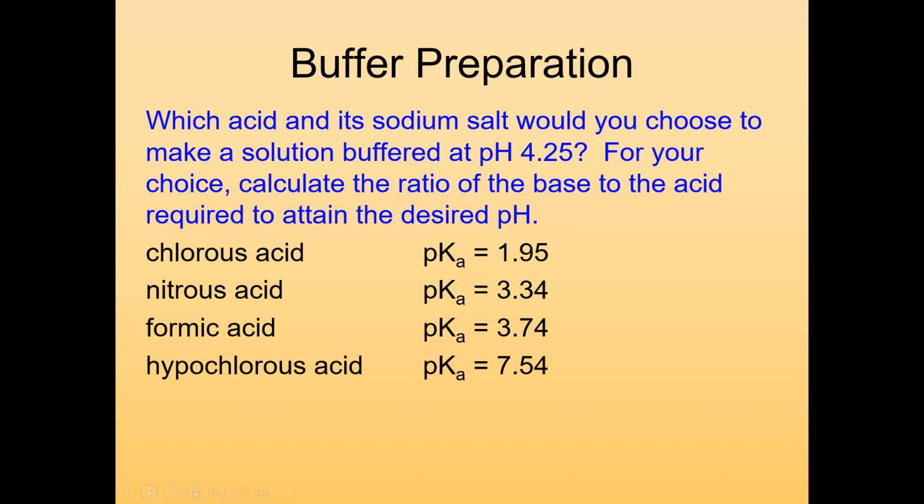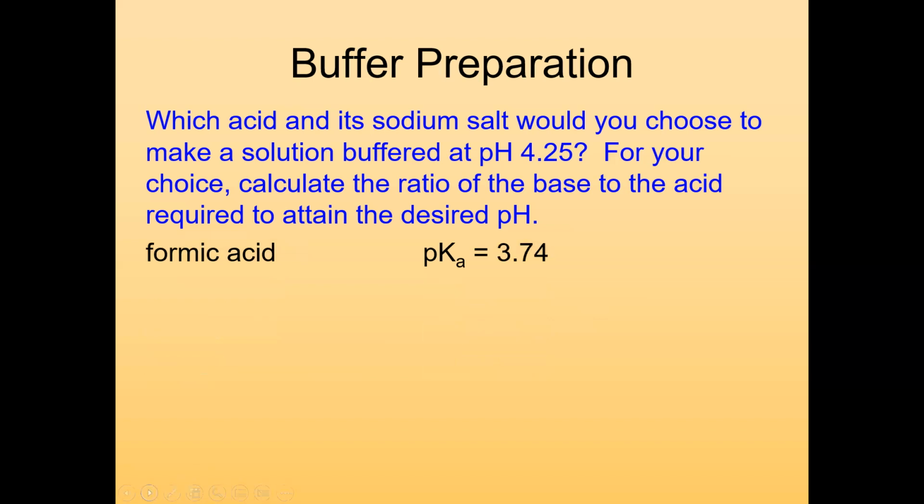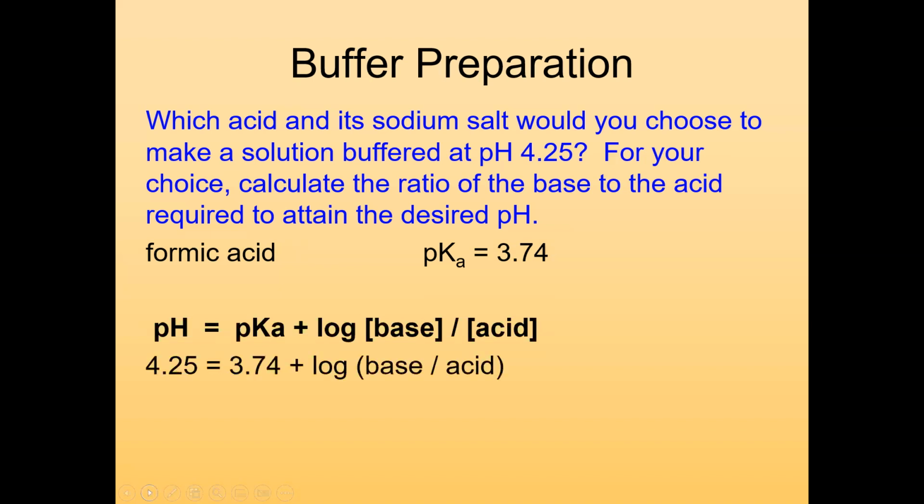And to figure out that ratio of base to acid to attain the desired pH, we said we're going to use formic acid, which has the pKa of 3.74. We're going to plug that into Henderson-Hasselbalch, but we don't know the acid-base ratio. We know that we want a pH of 4.25. Our pKa of formic acid is 3.74 plus the log of the base to acid ratio.